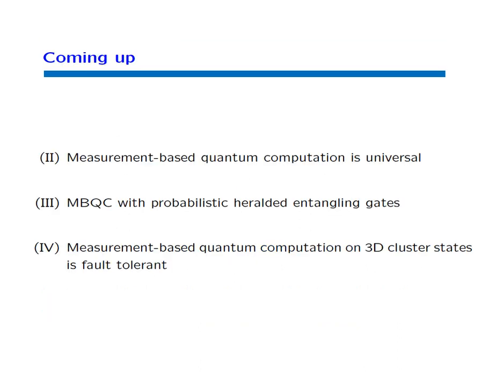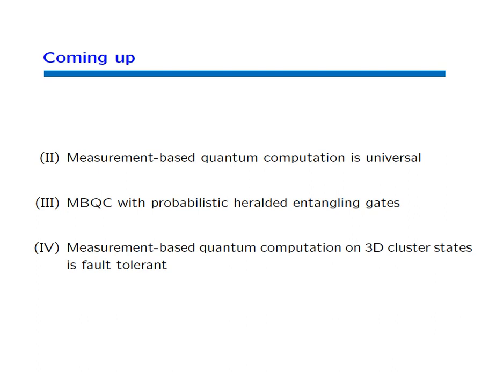This brings us to the end of today's lecture, and here you see what's coming up. So the second lecture will be on the universality proof. We will demonstrate that measurement-based quantum computation is indeed universal by mapping it to the circuit model. So today's lecture had almost no technical material at all. That will change.